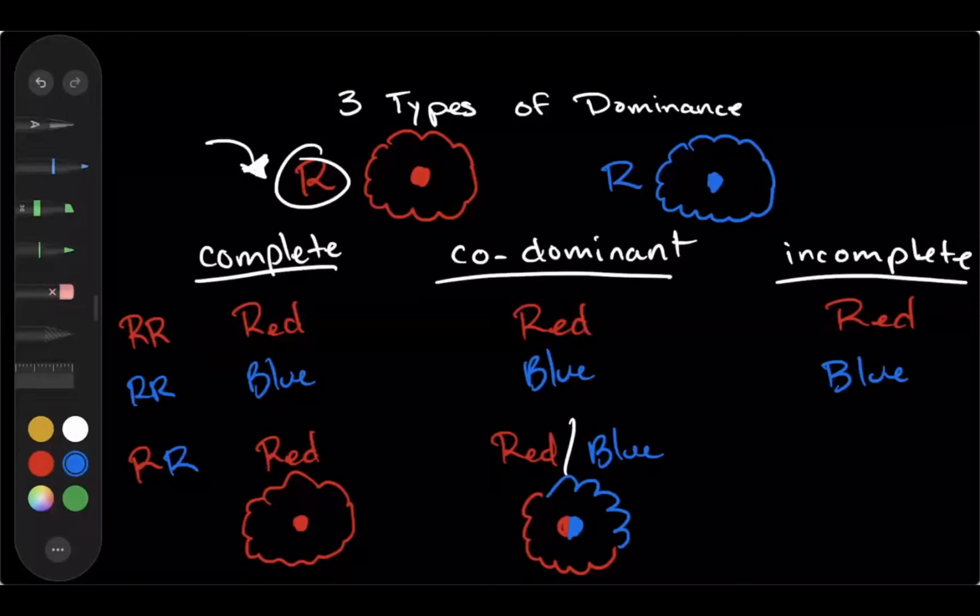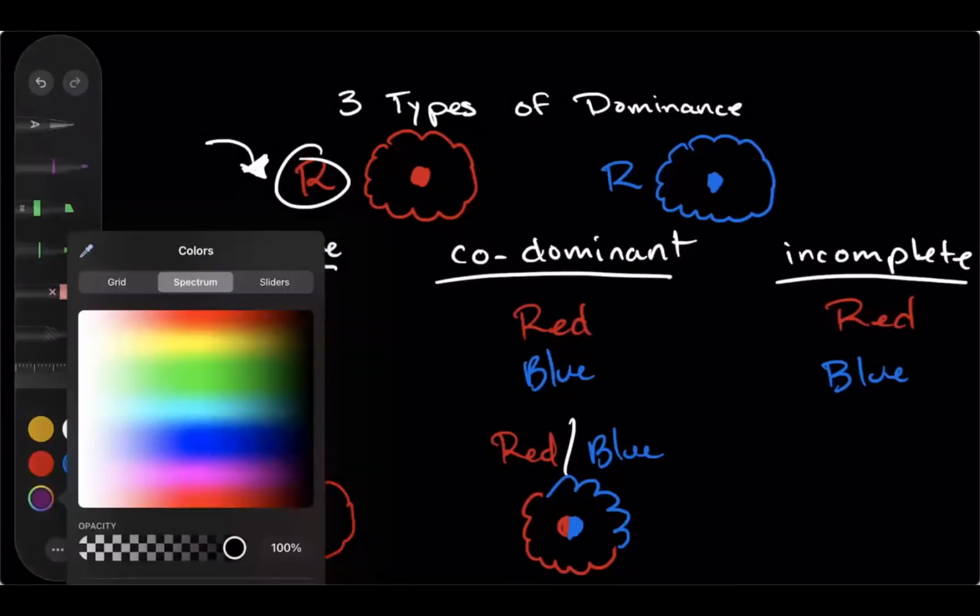So now in incomplete dominance, neither allele in the heterozygous genotype is expressed in the traditional way. So you would get something that is maybe in between. So you would maybe get a purple flower here in this instance.